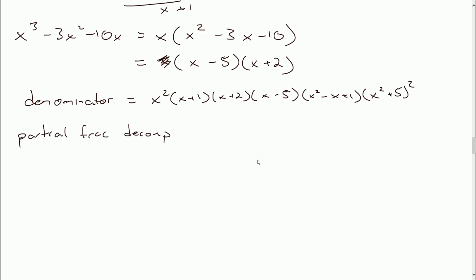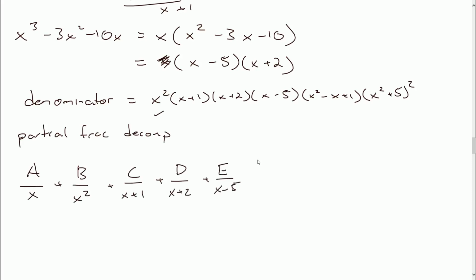is, okay, each linear term you get a constant, and you just keep going up until you've exhausted the powers there. And I keep a little check underneath sometimes. 1 constant for the x plus 1, 1 for the x plus 2, 1 for the x minus 5. They're not asking us to double check these. Now for the quadratics, we have to remember that we get a generic linear term on top, not a generic constant term.